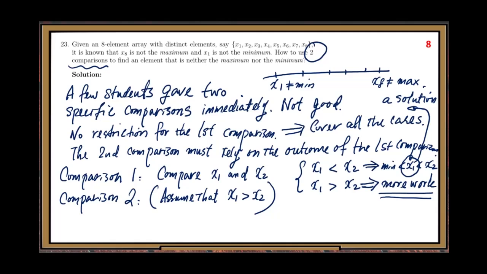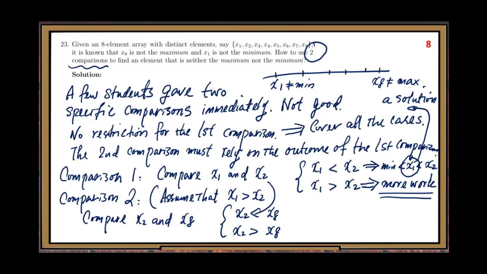Under this assumption, we compare x2 and x8. There are two cases: x2 less than x8 and x2 greater than x8. And we know x8 is not a maximum.